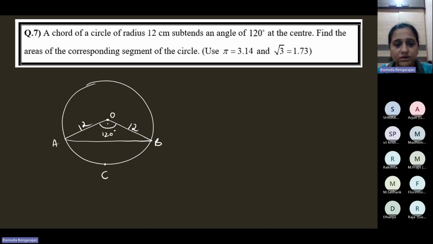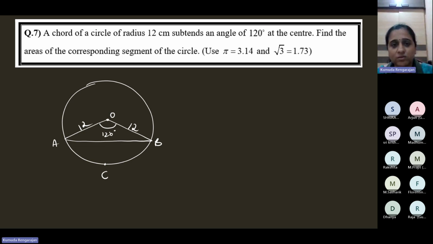Sector angle 120 degrees. ACB is the arc. Arc ACB subtends angle AOB at the center, and angle AOB is equal to 120 degrees.